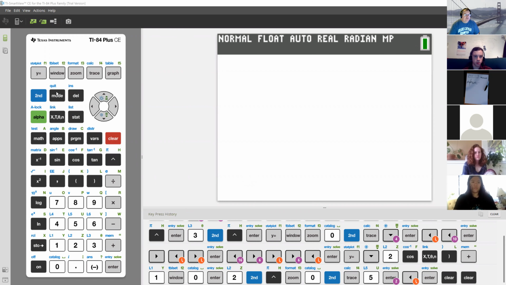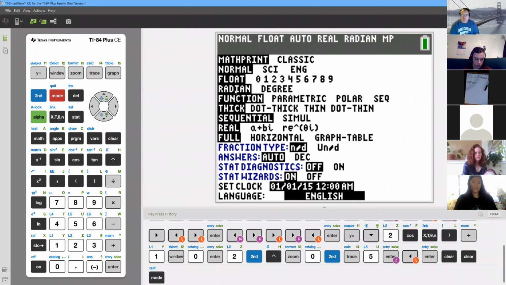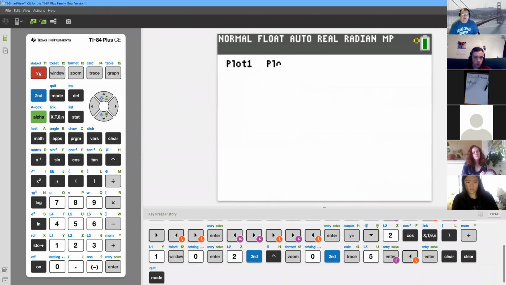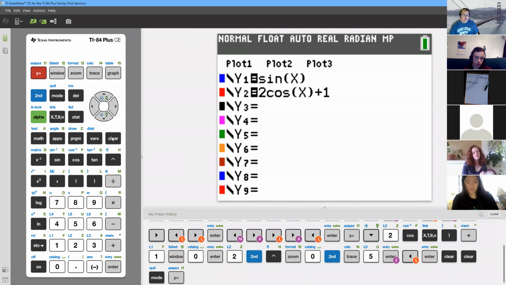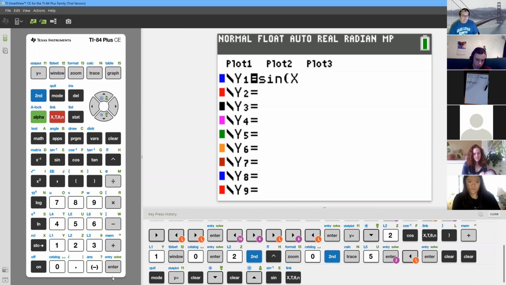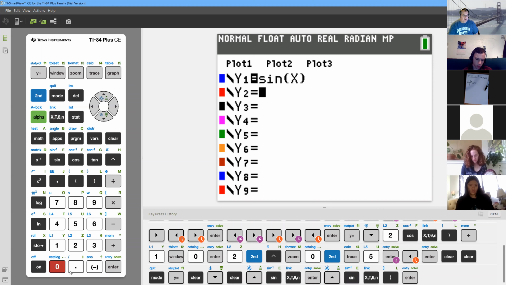First thing you do is make sure that you are in radians, because that's what this question was. Then you hit y equals, and I'll clear these out, and you type in sine x, and then, on a separate line, 0.2.